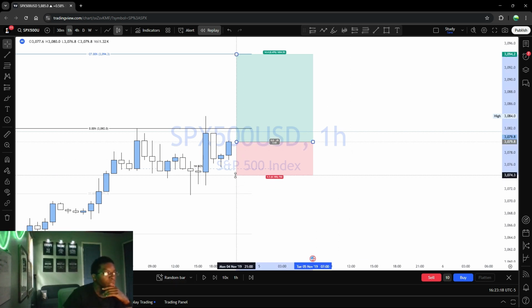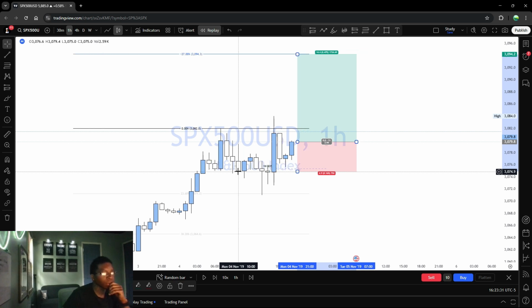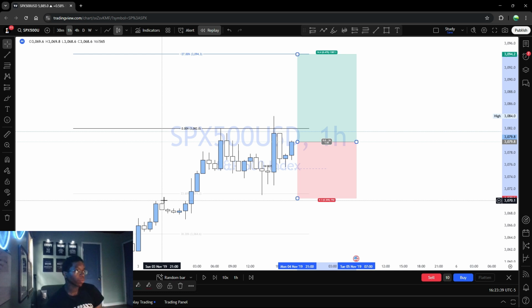Let's see if we put it under this low. That gives us a greater risk reward, of course, nearly a 3. I'm trying to see if that's what I want to do. I do believe the safest thing to do is to have it under here and go for that 1-to-5.